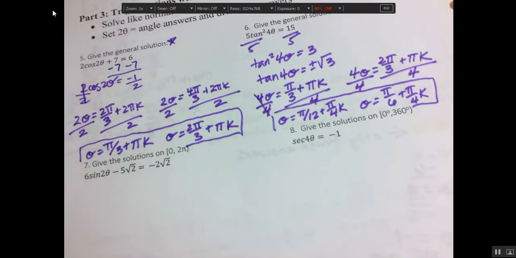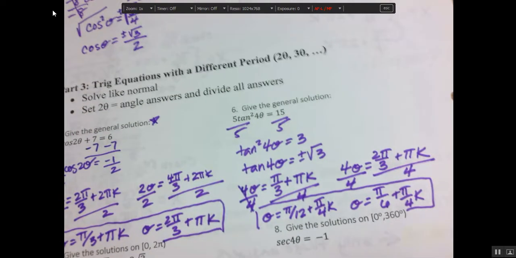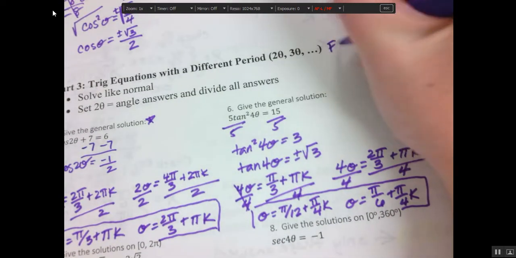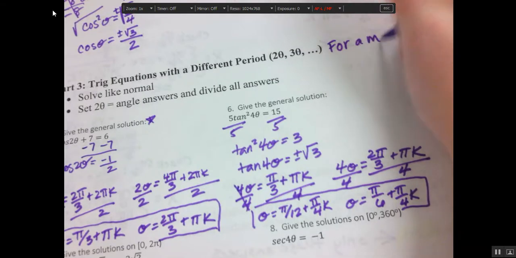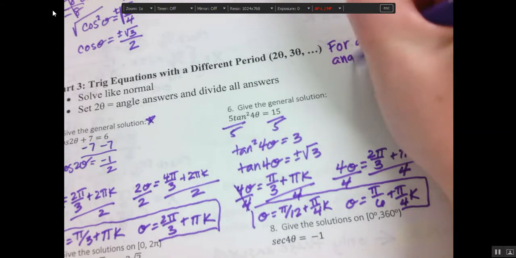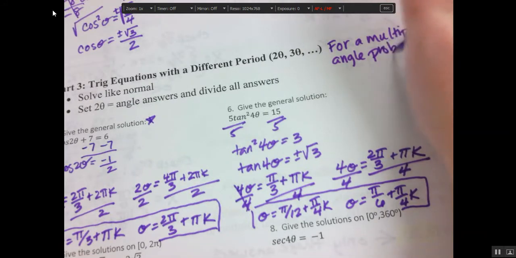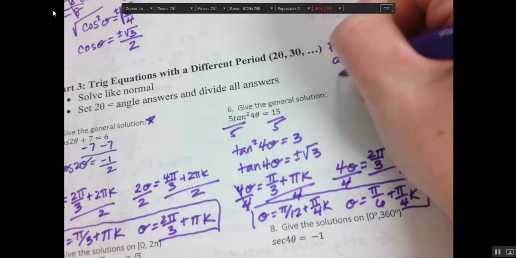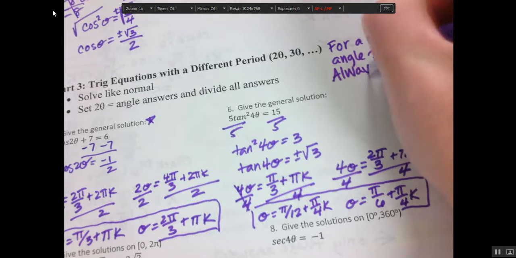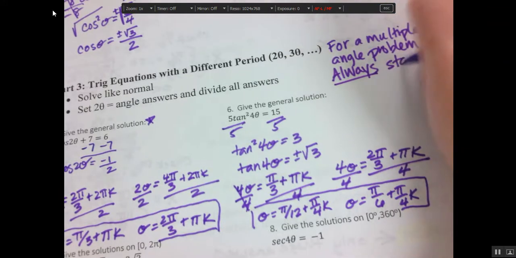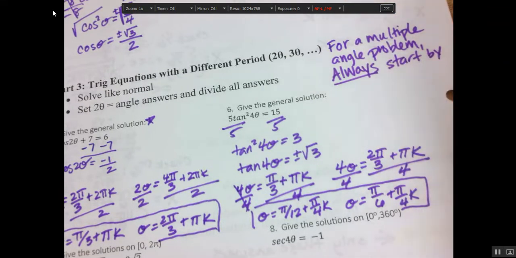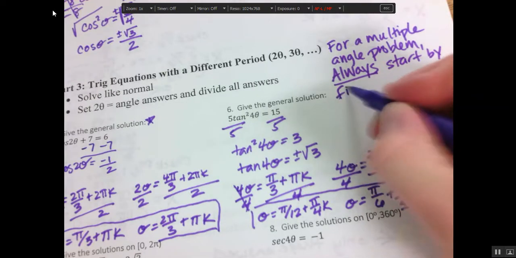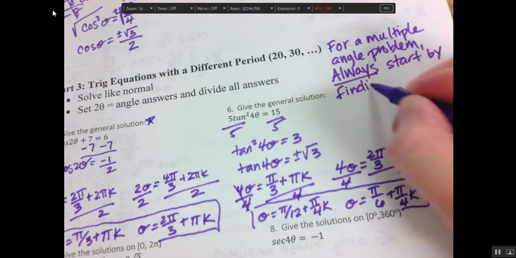I want to write those words down for you though so that you understand why we're doing this, okay? For a multiple angle problem, always start by finding the general solution, even if it's not a general solution problem.